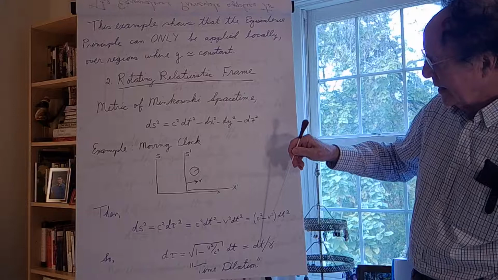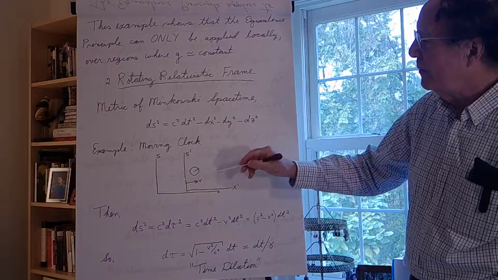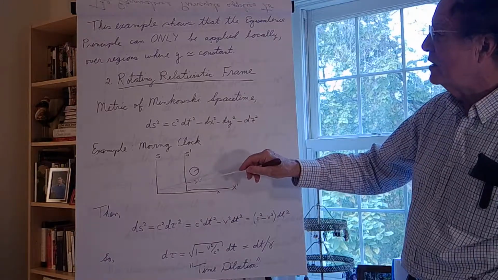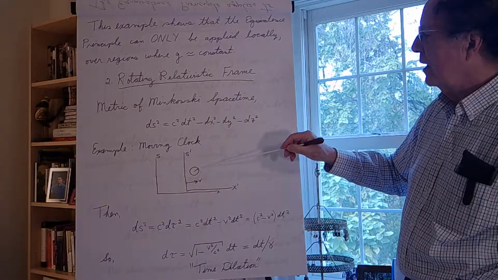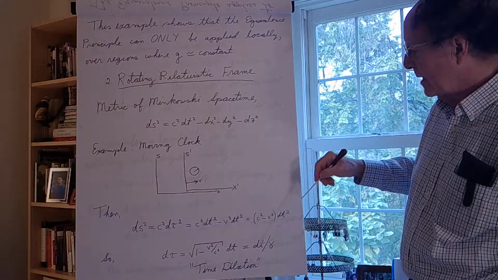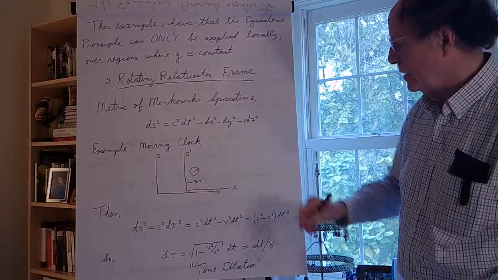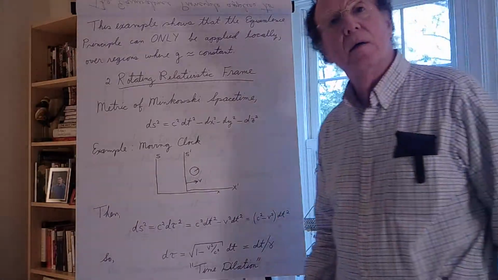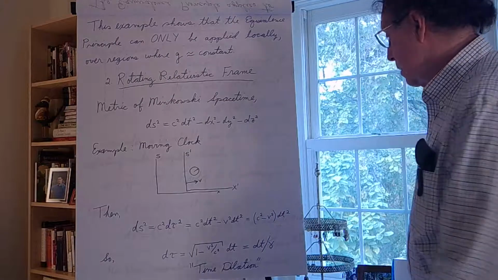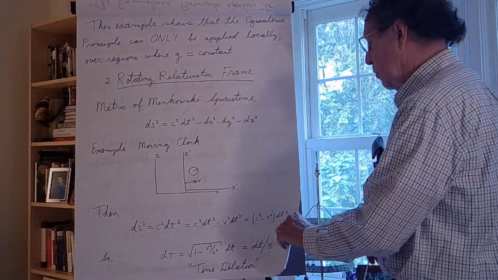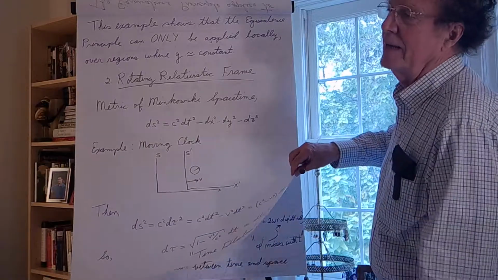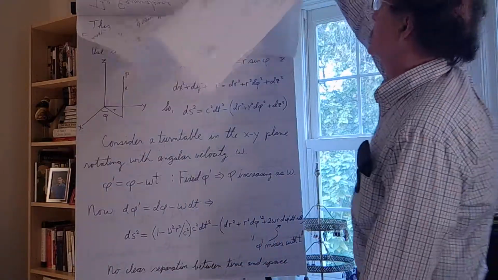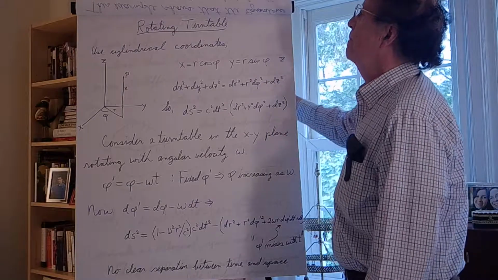So I see that dt, the time that the observer at rest in the frame S measures of the clock that's moving, is gamma times the proper time, and that's time dilation. The moving clock tells time more slowly than it does in its proper form.